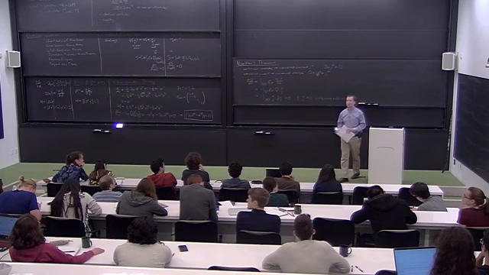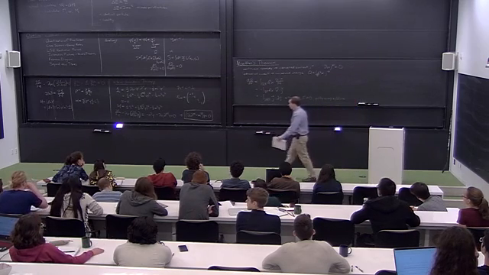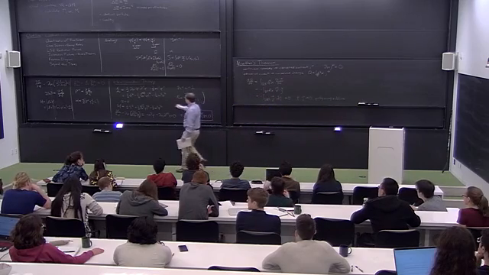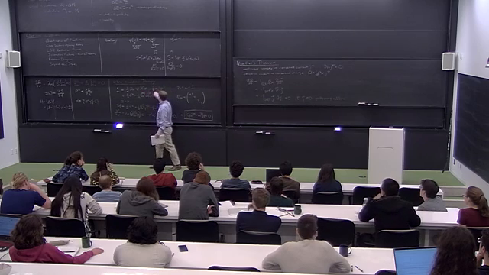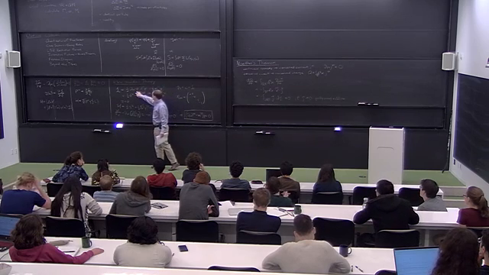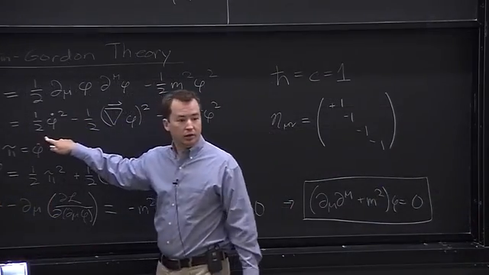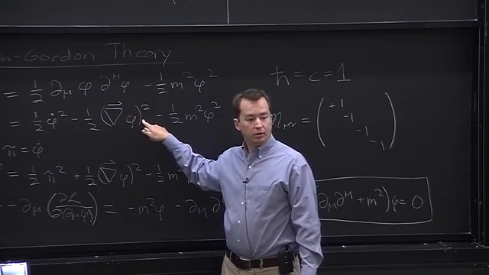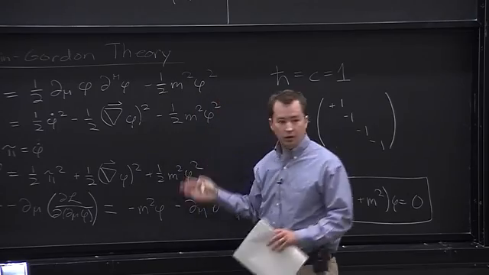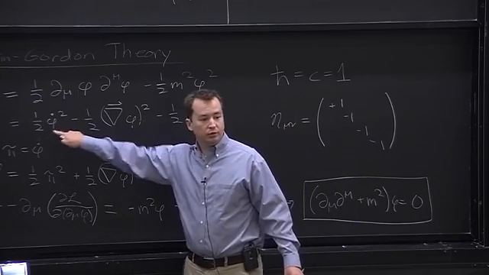Yes? What does the Klein-Gordon Lagrangian describe? So this is a scalar field. We can think about this: this is like the kinetic energy. It's got some gradient energy. We can think about these two terms as like the potential energy, so everything besides the time derivatives.